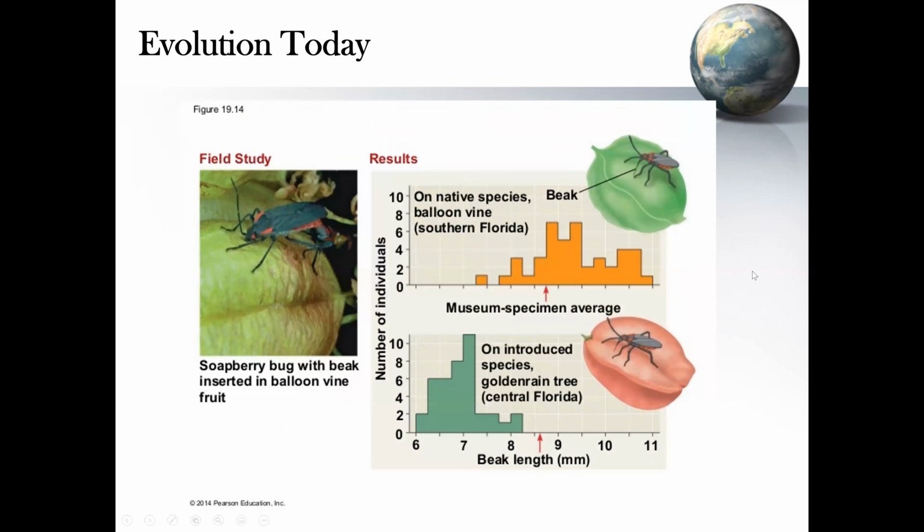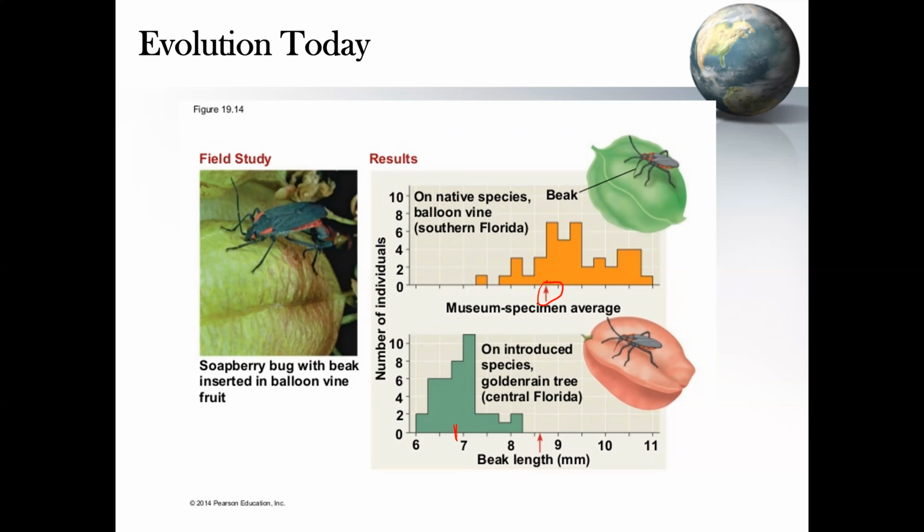So what researchers found is here is the average beak size for soapberry bugs on a balloon vine. But here, right about here, is average beak size of soapberry bugs on the golden rain tree.